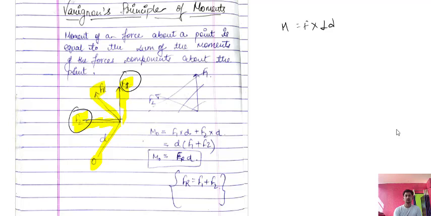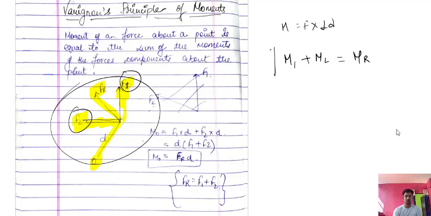So the moment of force 1 plus the moment of force 2 will be equal to the moment produced by the resultant force. This is Varignon's principle of moments.